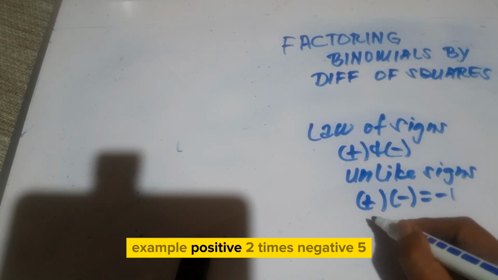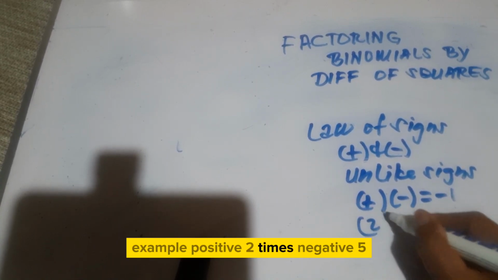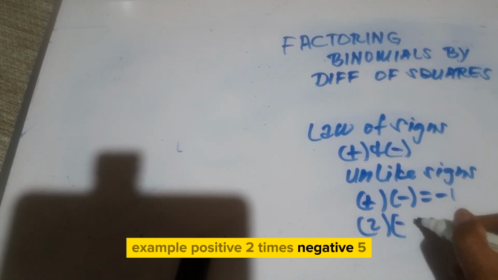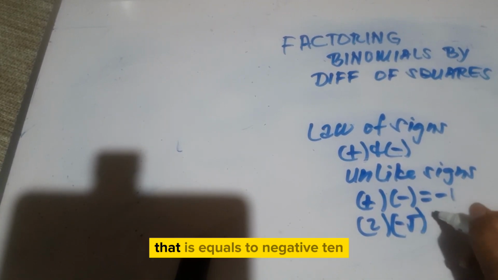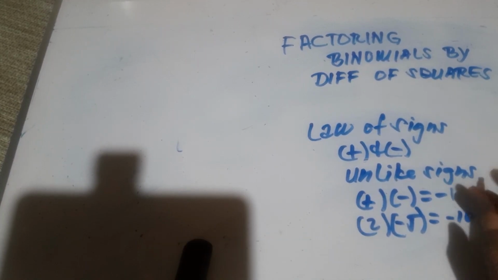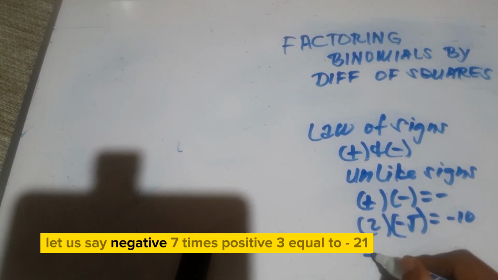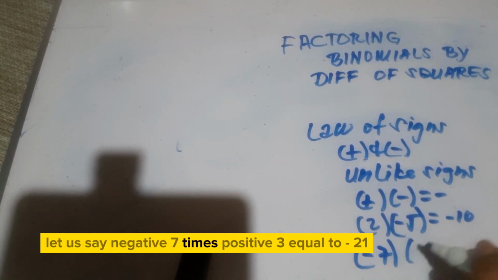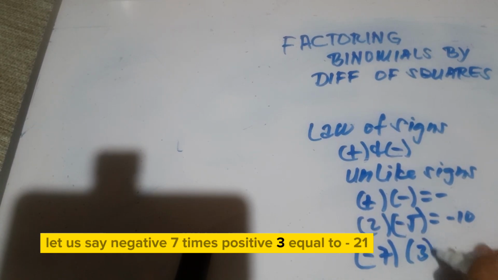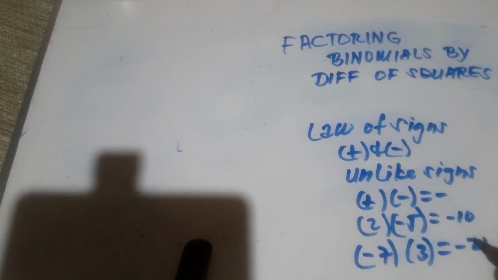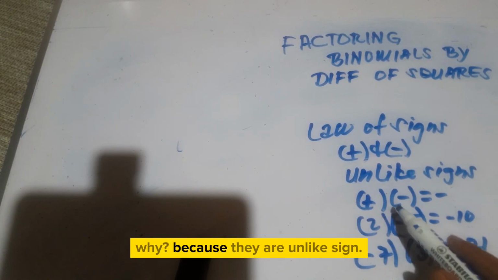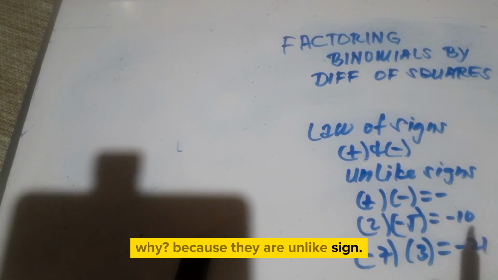Example, positive 2 times negative 5. That is equal to negative 10. Let us say negative 7 times positive 3. Negative 21. Why? Because they are unlike signs.